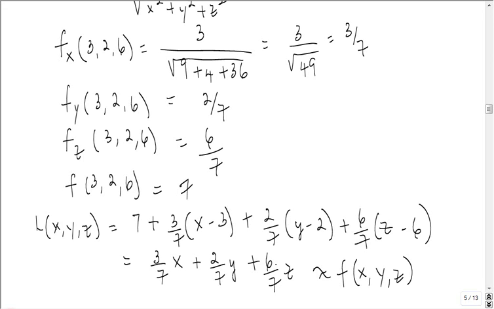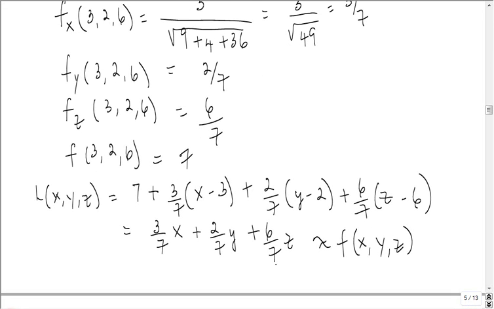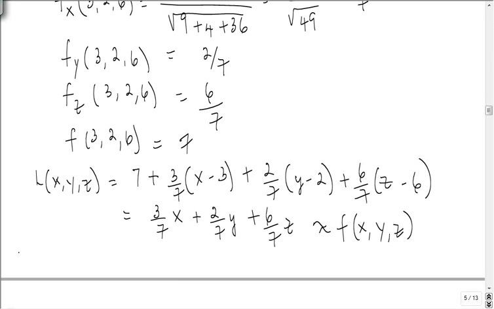Now, the question is asking us to find the square root of 3.02 squared plus 1.97 squared plus 5.99 squared.